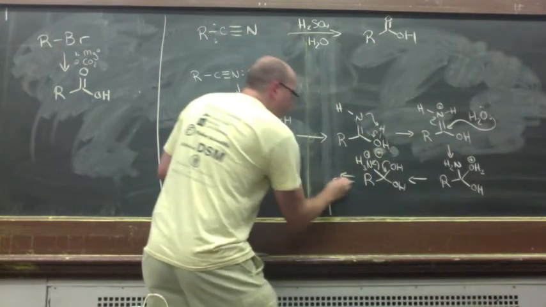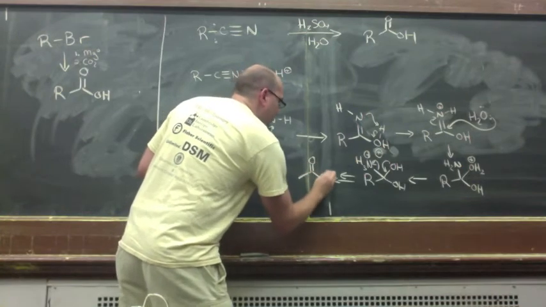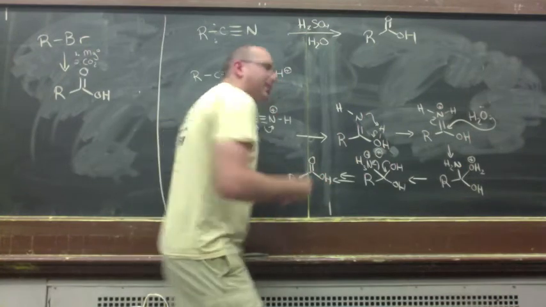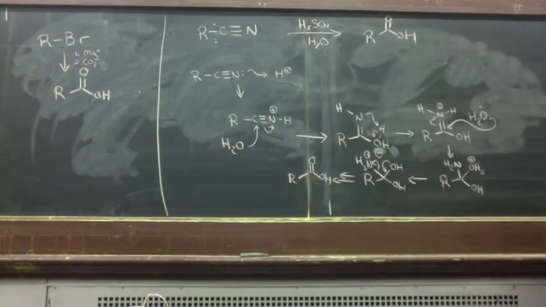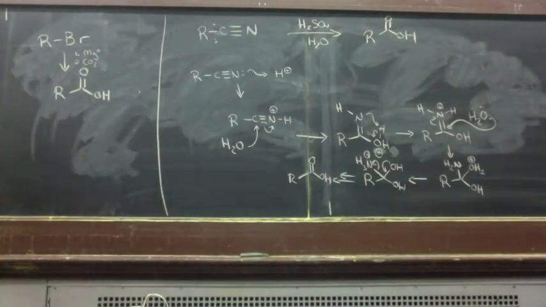And then following deprotonation, what we'll be left with is our carboxylic acid. Right, so again, while this mechanism is new, you might never have seen this before unless you've read ahead in the textbook, this mechanism is the exact same thing as the transesterification, the exact same thing as hydrolysis of an ester.